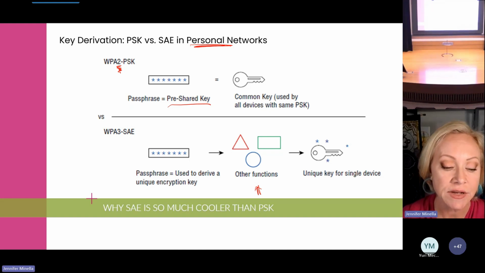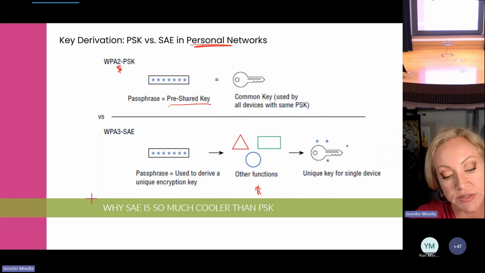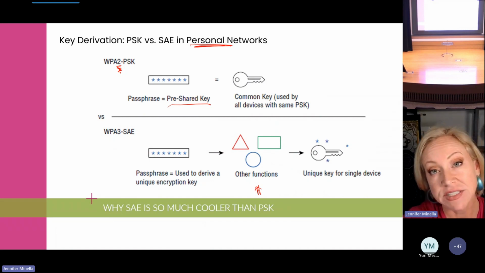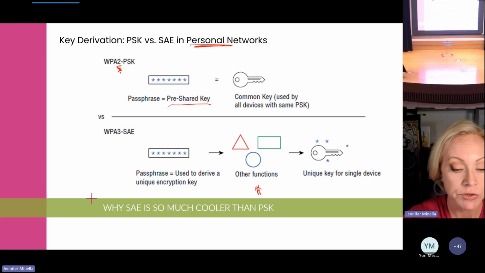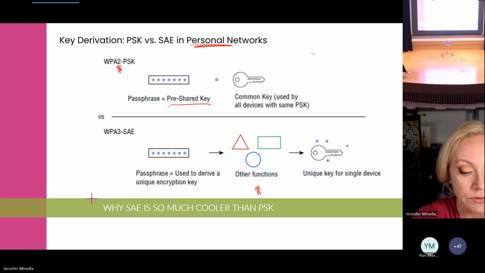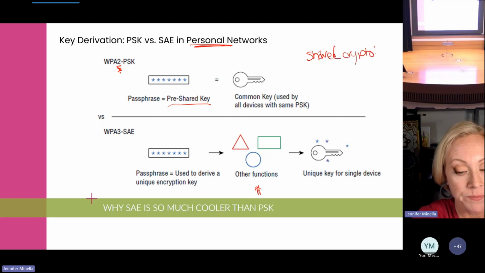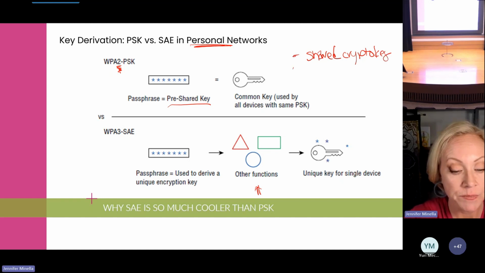So this wasn't great, and it wasn't great for a few reasons, because all of the endpoints had the same cryptographic key if they used the same passphrase. So I'm going to put issues here. Shared crypto key is one of the main ones. The other is that it could result in a short crypto key.